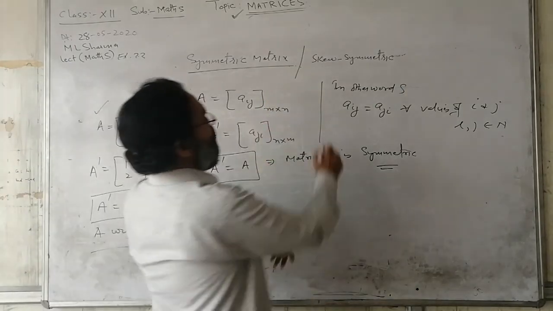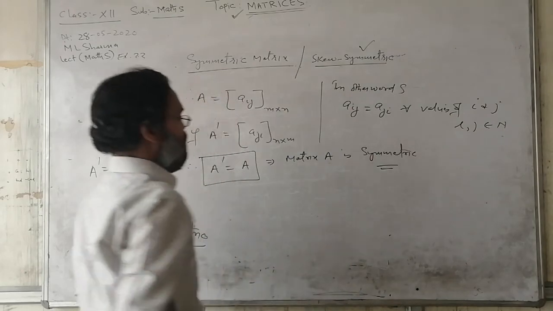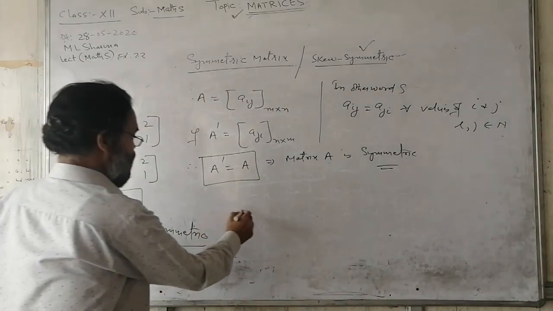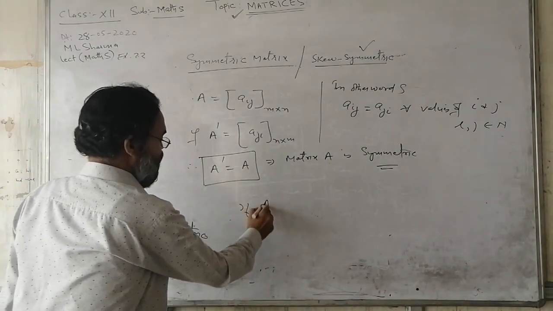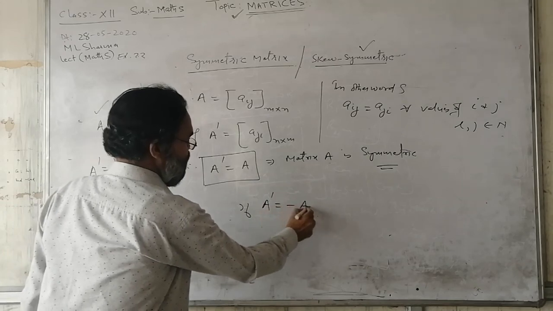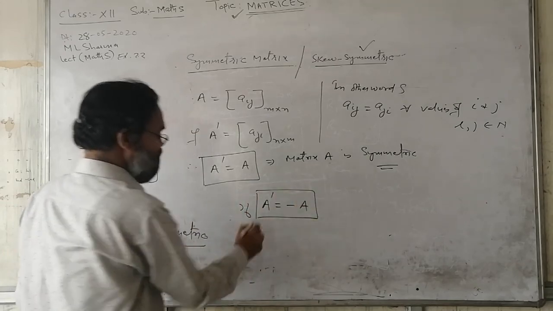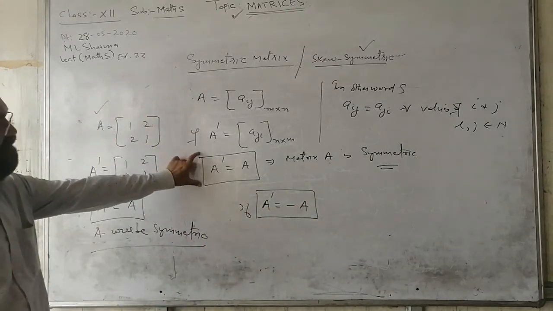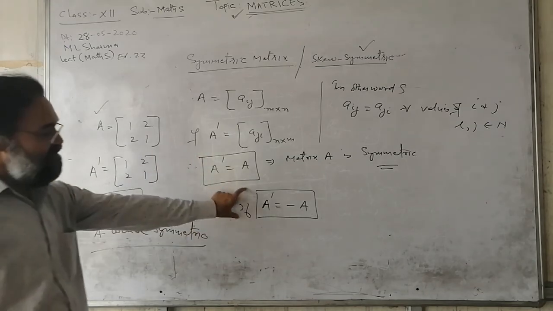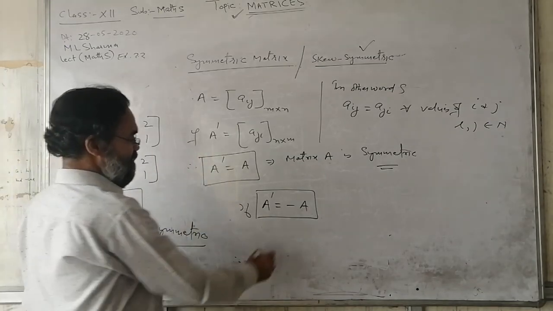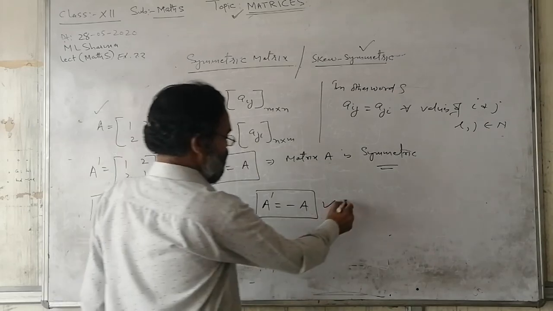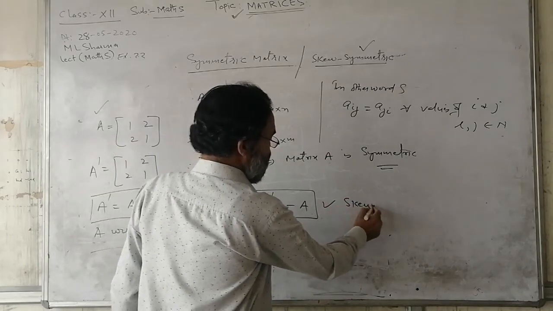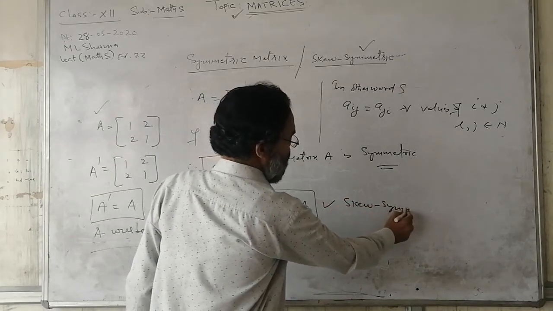So far as skew symmetric is concerned, in that case, if A transpose equals minus A, this is the condition for skew symmetric, and the earlier one is the condition for symmetric. So if this is the case, it is a case of skew symmetric.